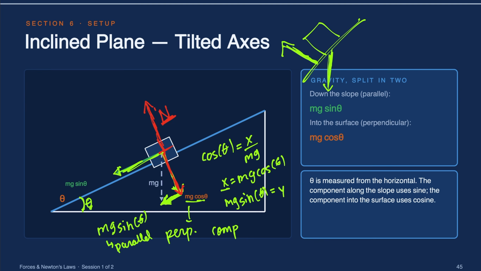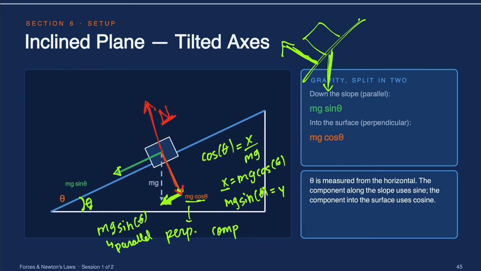So even if I erased this and replaced it with a vector pointing this way, you can still see it's the same thing, right? The gravity vector is going to point downward because gravity is pointing downward. So to match that, N has to go the other way. While it may be opposite in direction, it is the same in magnitude.